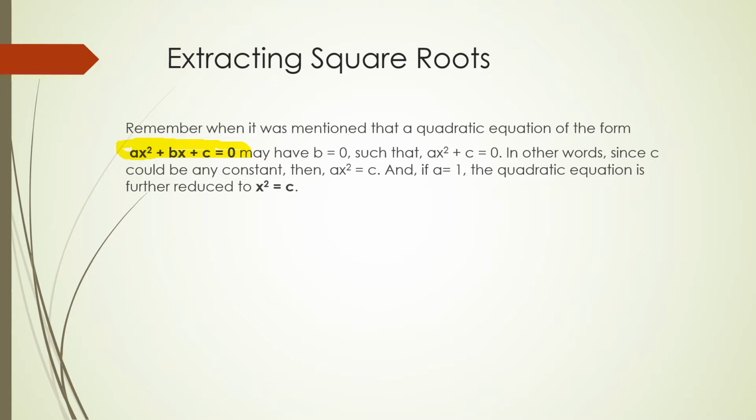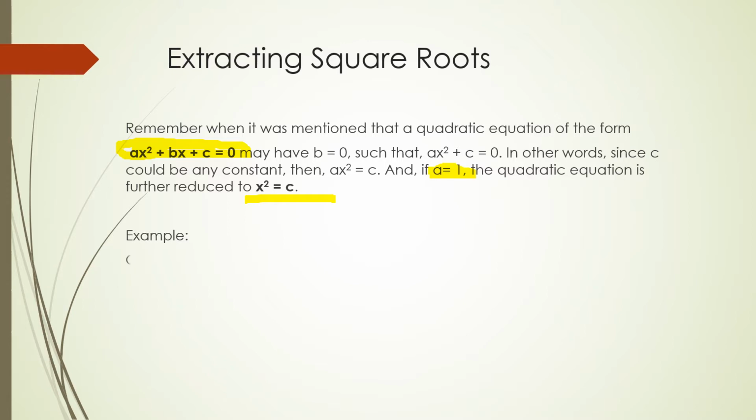Such that, ano mangyayari? Wala na yung linear term natin kasi si b is equal to 0. And also, if your a is equal to 1, our quadratic equation will be reduced into x squared is equal to c. Okay, let's have example.